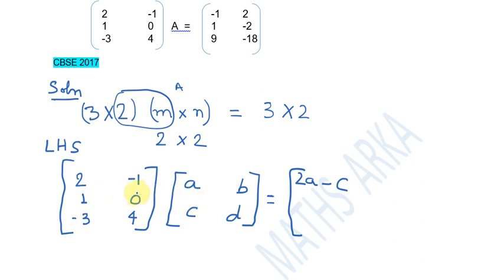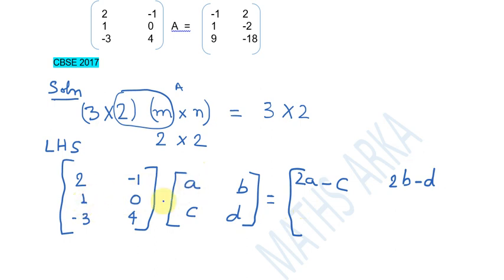Then element 1 2 would be 2B and minus 1 into D, that is 2B minus D. This is what we get over here. Now the second row first element, that means second row multiplied with the first column. What do we get?